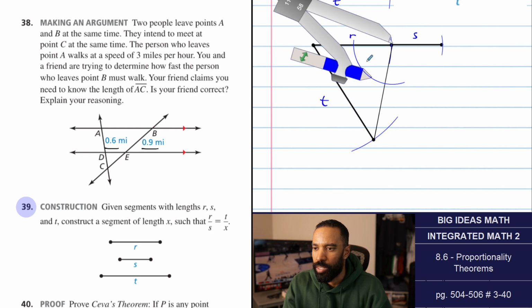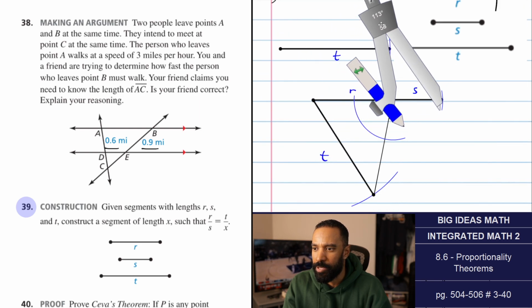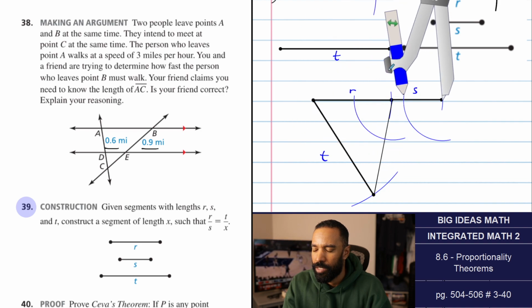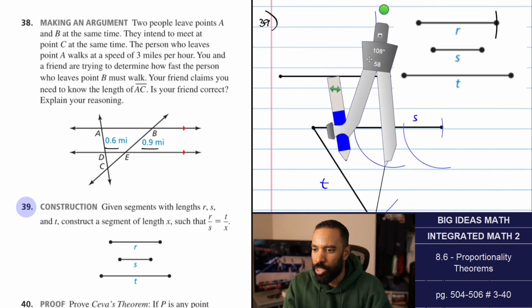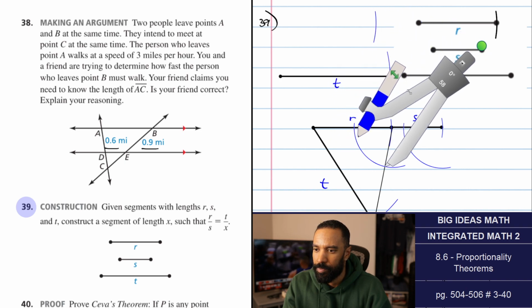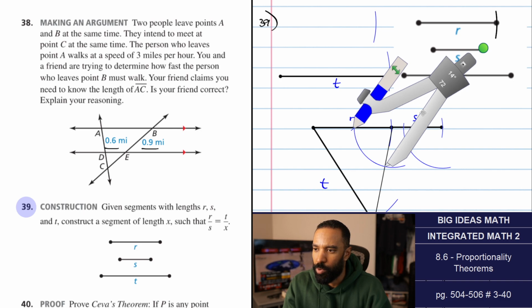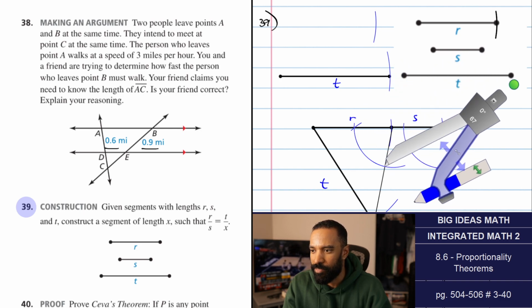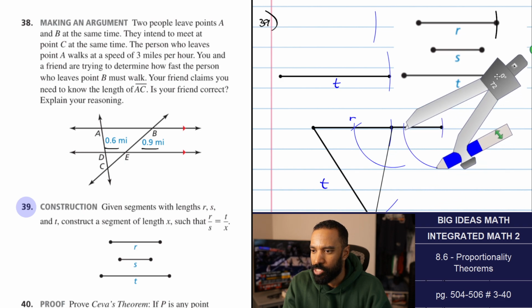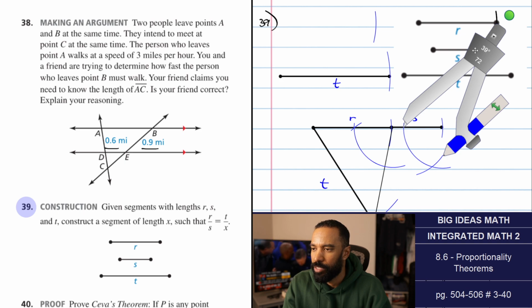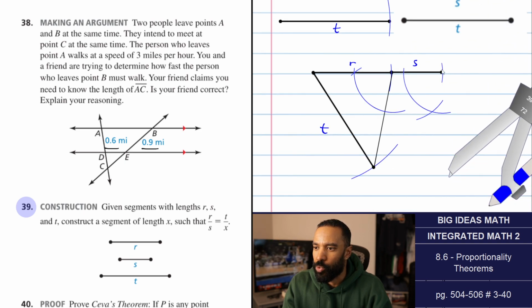I can do that width there and repeat that right here. And then I need to find that width between those two parts of the arc where they intersect. So I can do that and, whoops, I gotta flip it though. So 72 with the 72. So 72 on this side like that. That's fine. It'll still copy the angle.